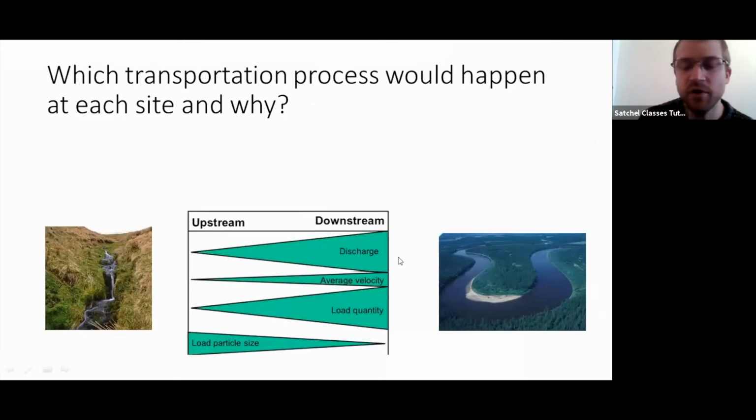Okay, so moving away from those key terms, which transportation process would we expect to happen, going right back to the start, at each of these sites and why? So key things to identify here are, it looks like clear water.